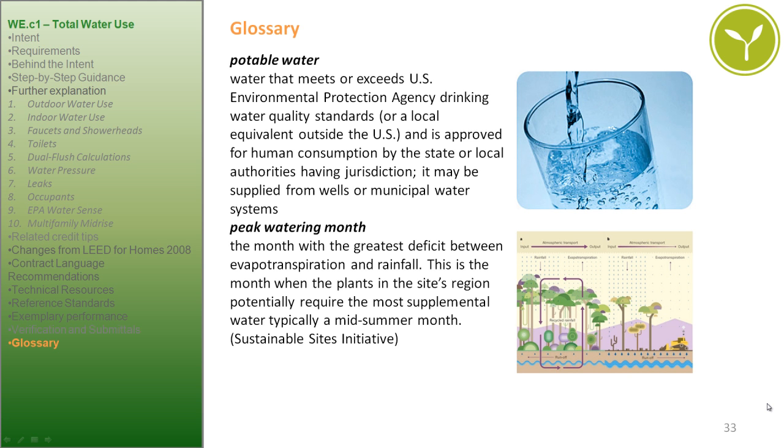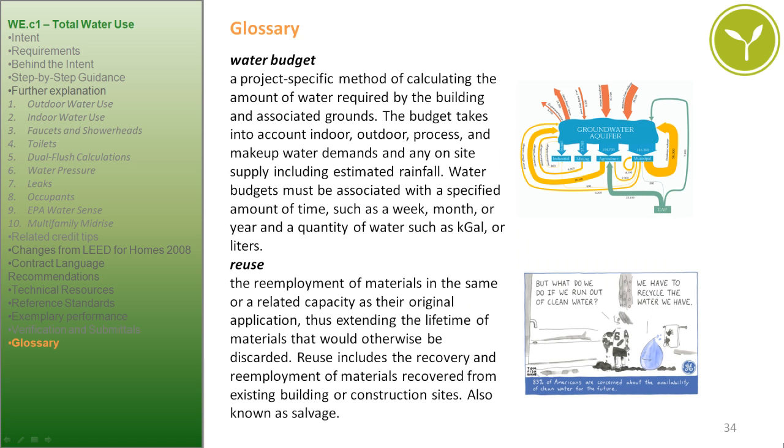Sustainable Sites Initiative. Water budget: A project-specific method of calculating the amount of water required by the building and associated grounds. The budget takes into account indoor, outdoor, process, and makeup water demands and any on-site supply, including estimated rainfall. Water budgets must be associated with a specified amount of time, such as a week, month, or year, and a quantity of water such as kgal or liters.